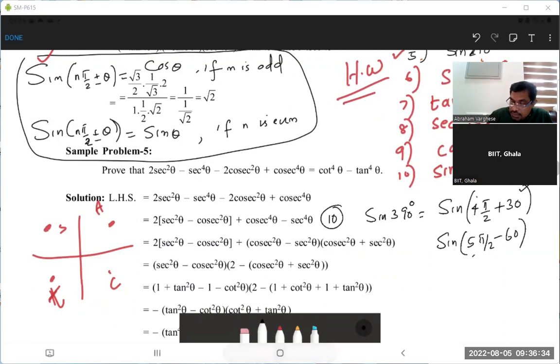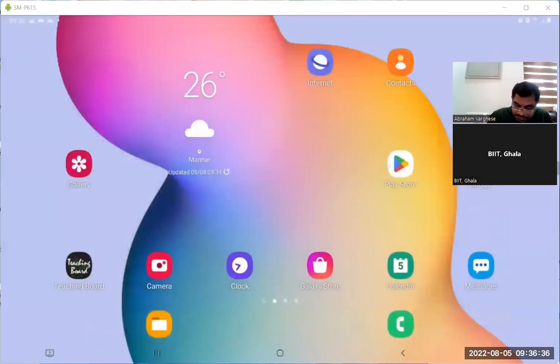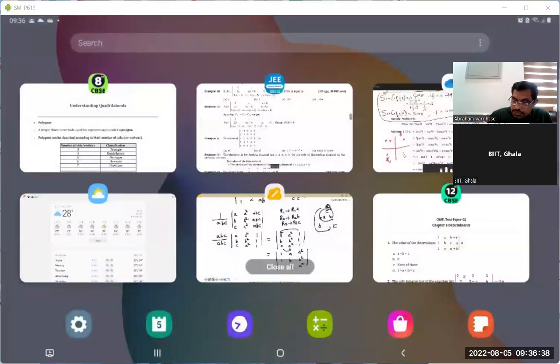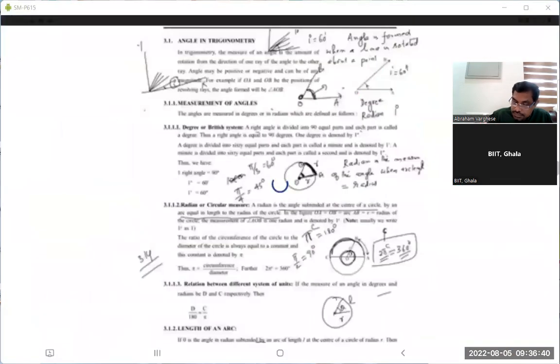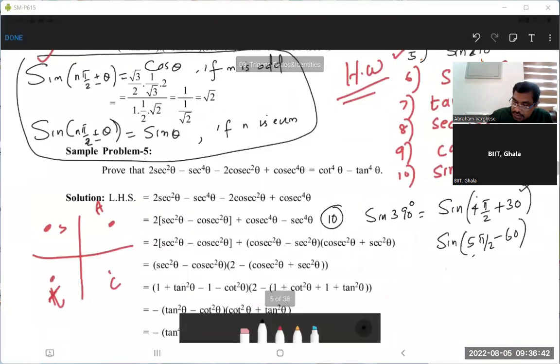Suppose I take the first one, 4 pi by 2 plus 30, n is even. So if n is even, this will give the same function, sine theta. So it will be equal to sine 30.